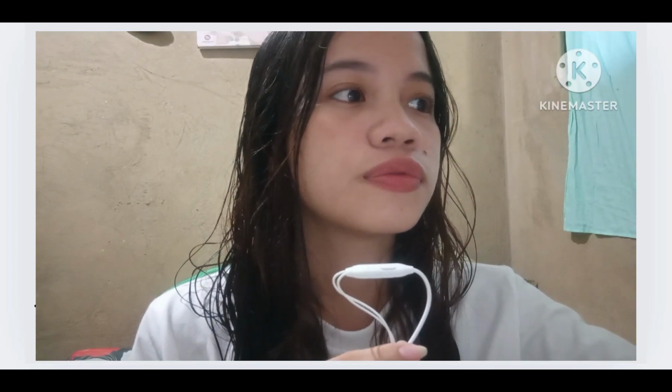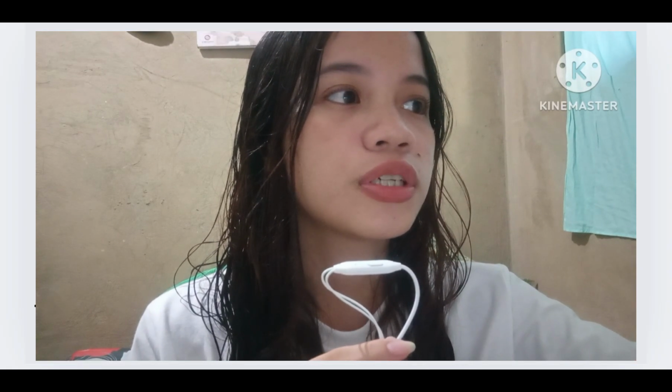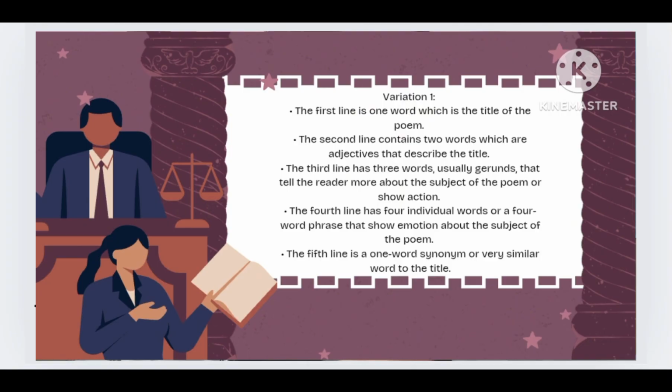So I've prepared here the definition and samples. So we have here, there are 2 variations for the cinquain. So in variation 1, I will show the sample later. So in variation 1, the first line is one word, which is the title of the poem.